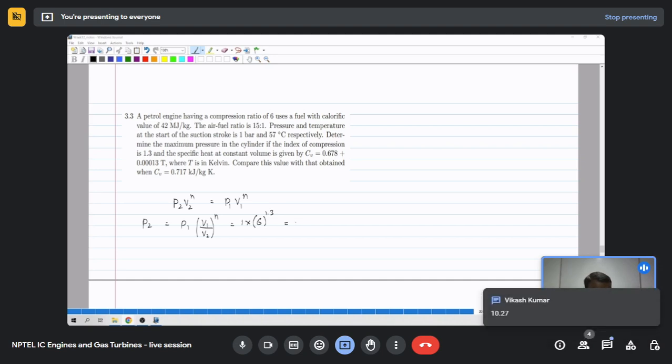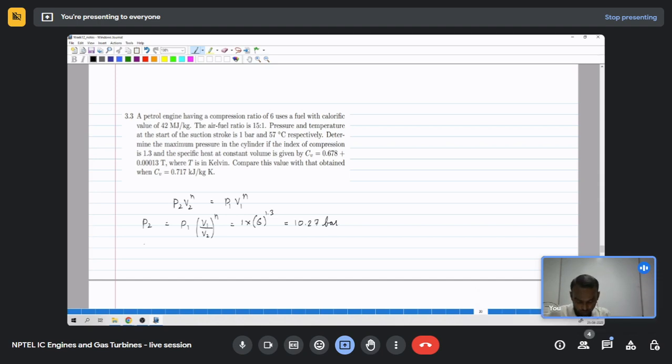Yeah, 10.27 bar, and now with that T2 can be calculated. So T2 is T1 into P2 V2 by P1 V1, and T1 is 57 degrees Celsius.